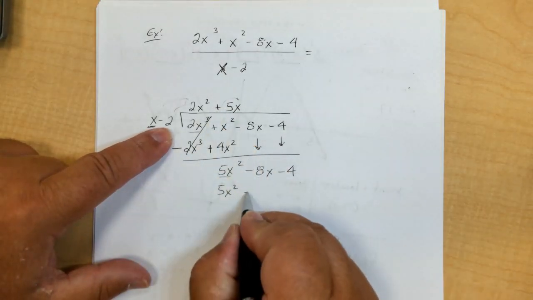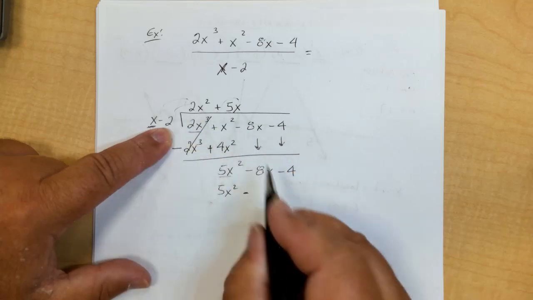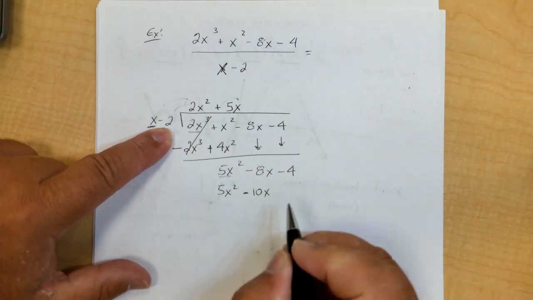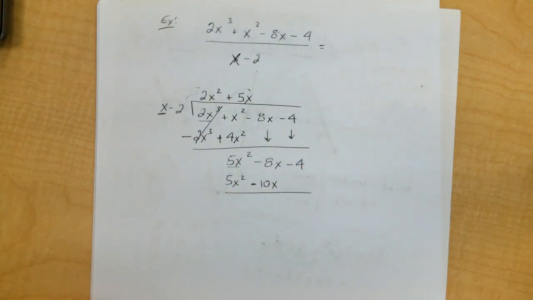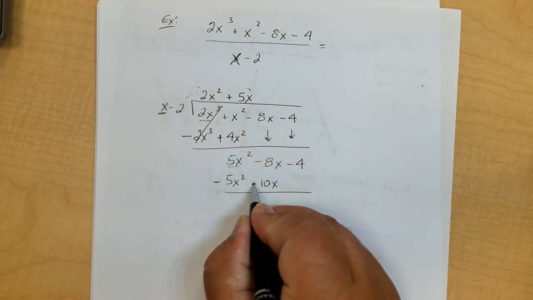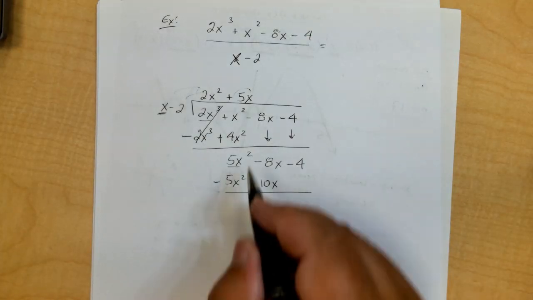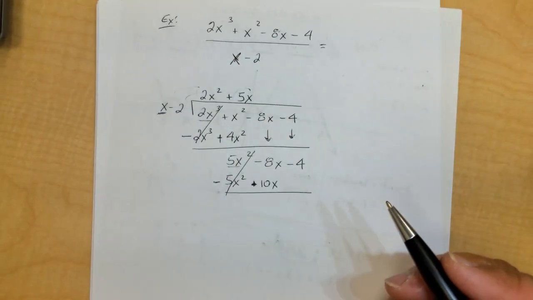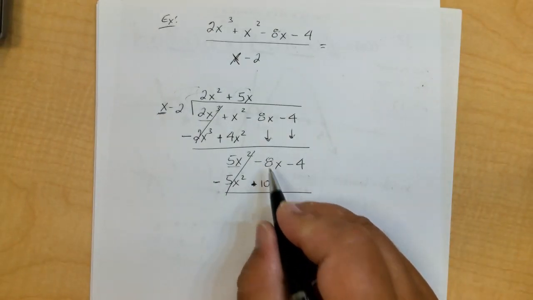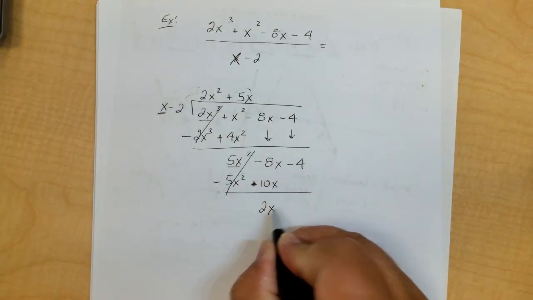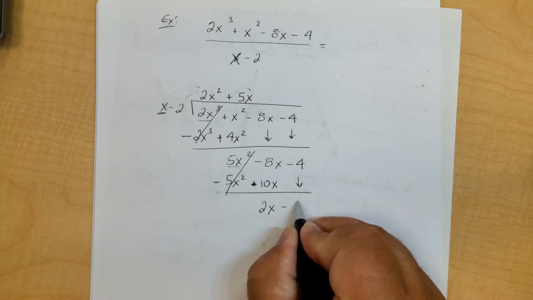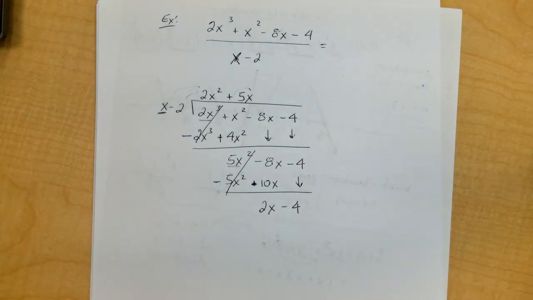Positive times negative is negative. 5 times 2 is 10x. Change signs and add. Term cancels, which is what we need to have. 10 minus 8 is 2x minus 4.